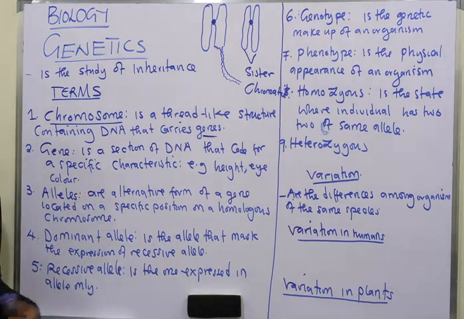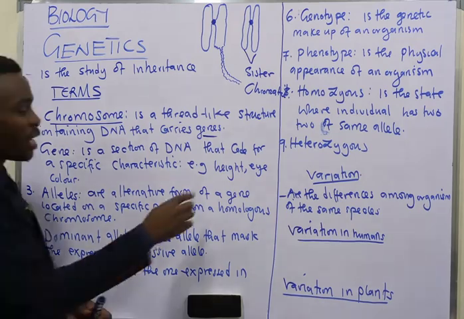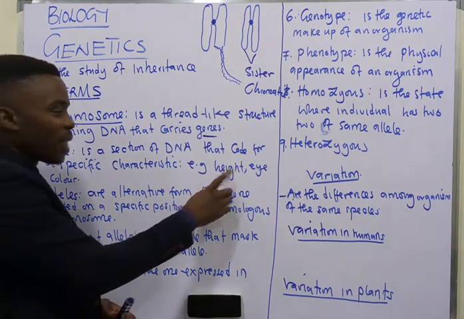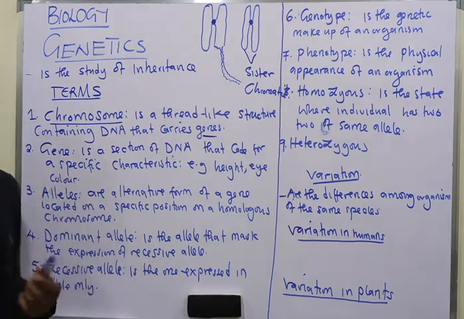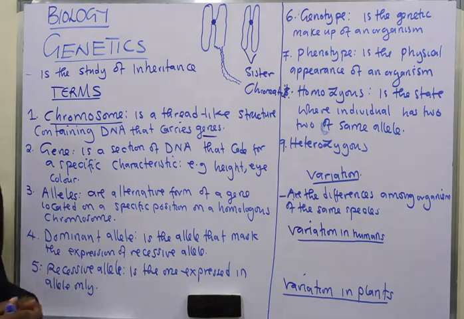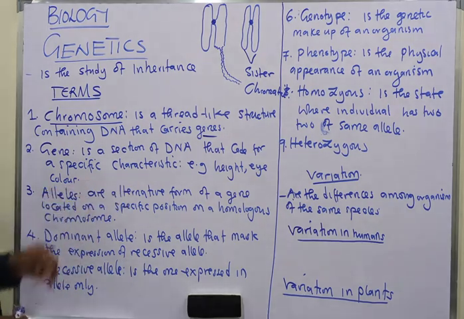And when you talk of a characteristic or trait, we can talk of height, eye color, everything that you see on yourself that was because of the inherited gene. So that is how you define a gene. In case you find a question, that is what you present.